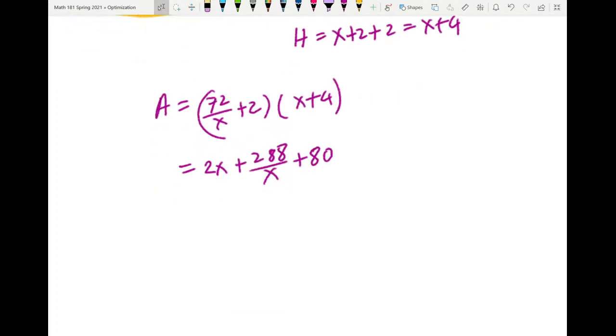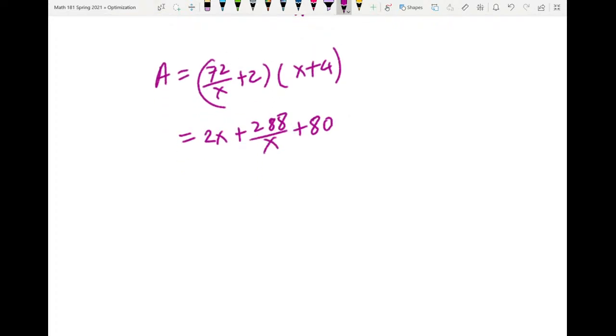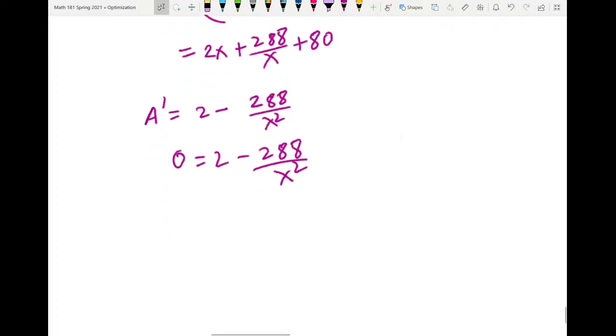All right. And we want to minimize the area. So let's look at the derivative of it. It will be 2 minus 288 over X squared. You set it equal to 0 and you solve for it.